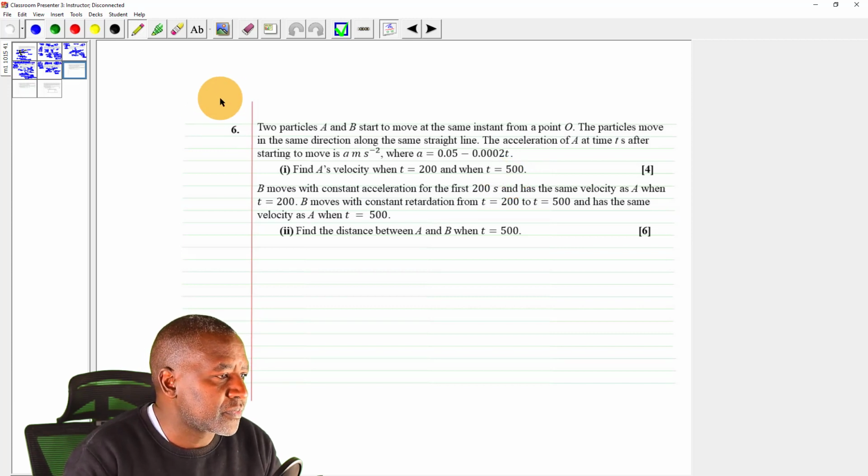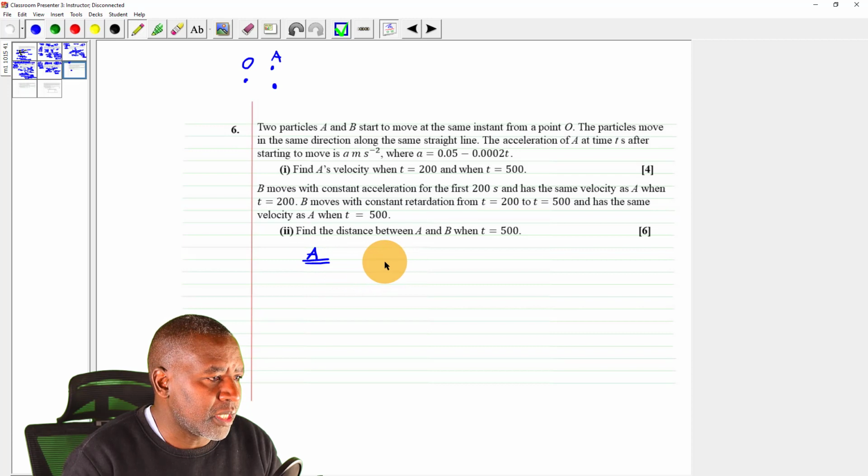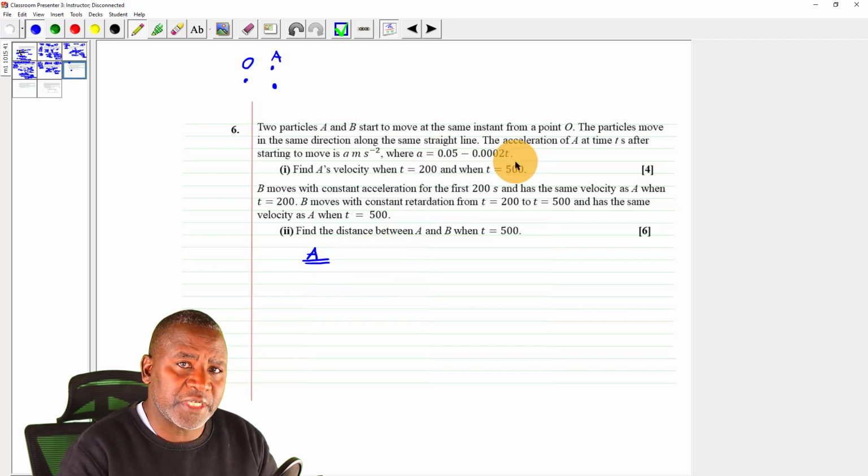So this is the point from which they start moving, point O. So there are two particles. There is particle A and there is particle B. So this is particle A. And when we look at particle A, we are told that its acceleration is a function of time.